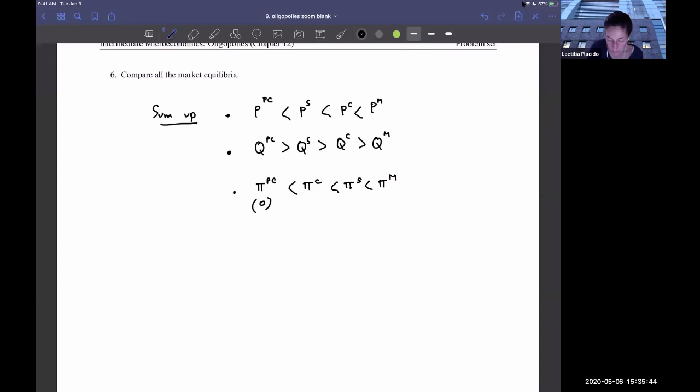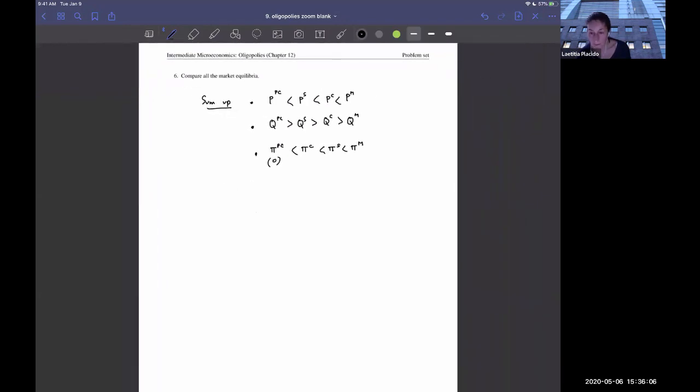Okay, so that's just a comparison of the different values of price, quantity, and profit in the different scenarios. Unless there's a question, I'm going to move to the next problem.